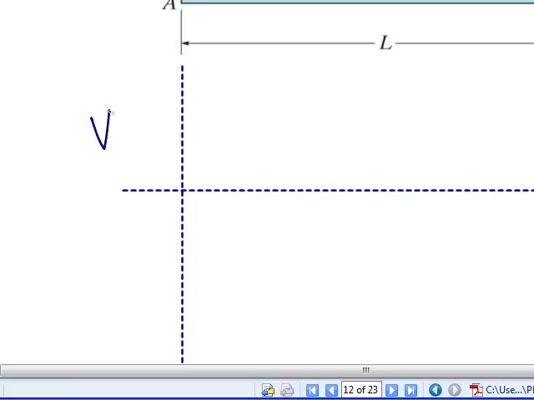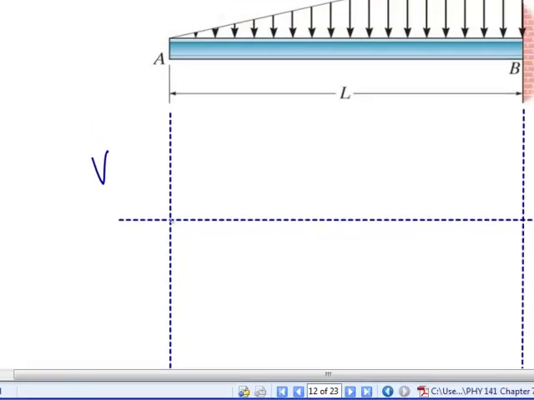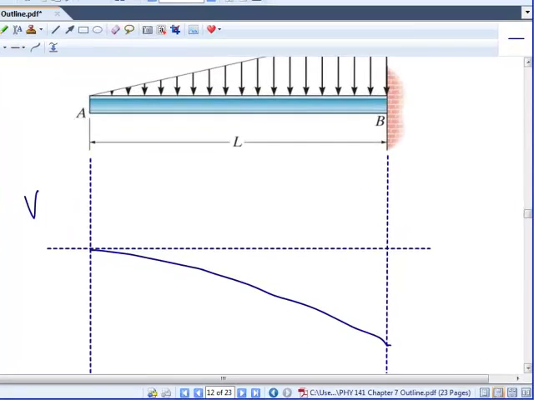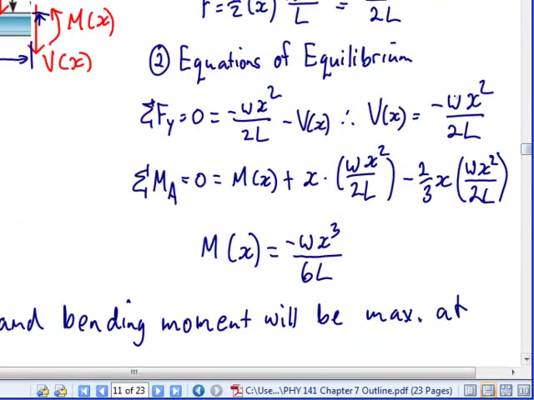So let's start with the shear diagram. What's the shape of the shear diagram going to be? It's going to be parabolic. So it's going to start at 0 and with a slope of 0. And it's negative, so it's going to open downward like this. And it's going to reach a maximum value here. And that maximum value is going to be wx squared over 2L when x equals L. WL over 2.